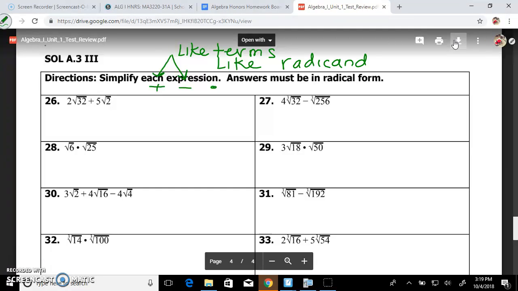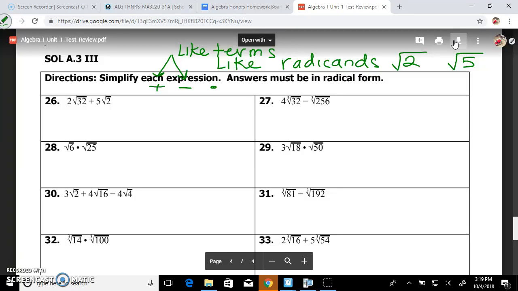Radicand, remember, is the number underneath the radical symbol. So if one of them has square root 2, the other one has to have the square root of 2 in order to actually add them. If one has square root of 2 and the other one has the square root of 5 when we simplify them, then we can't combine them and they just stay as two separate terms.